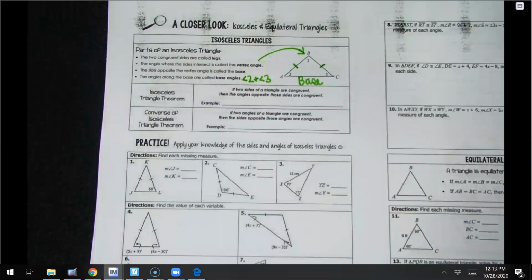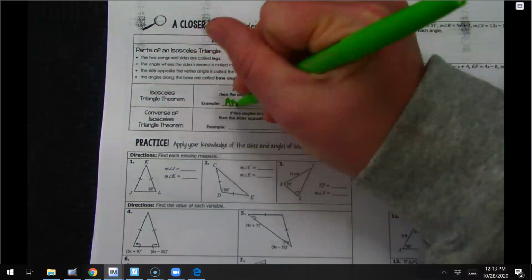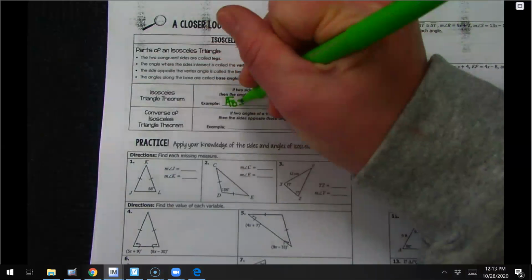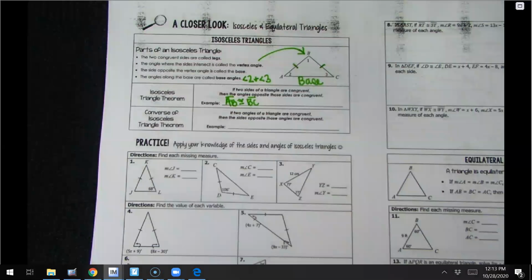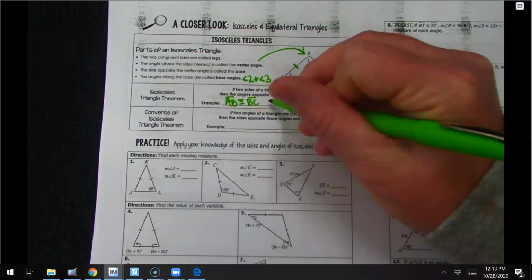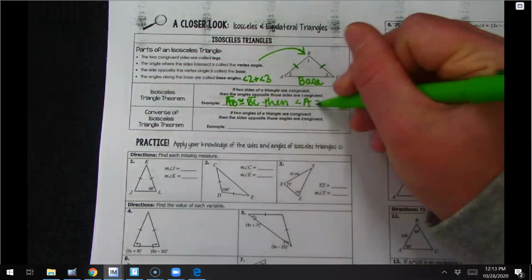What that means is if AB is congruent to BC, like we have above, then angle A is congruent to angle C.